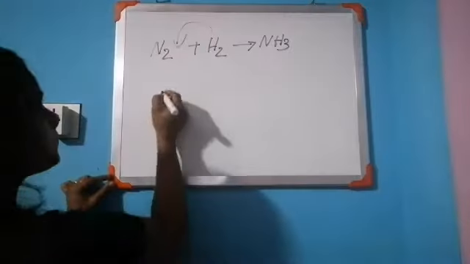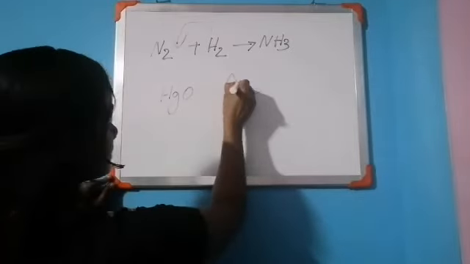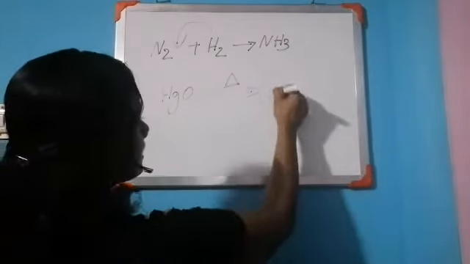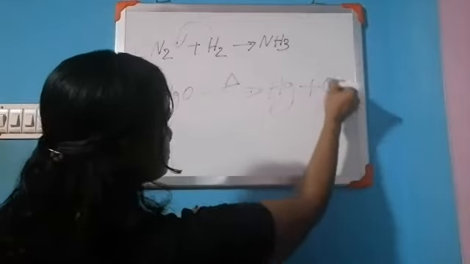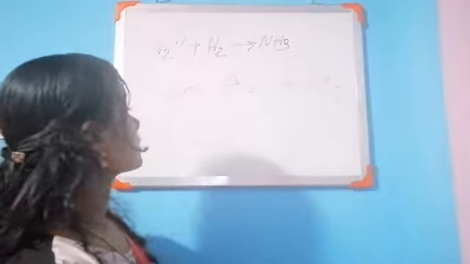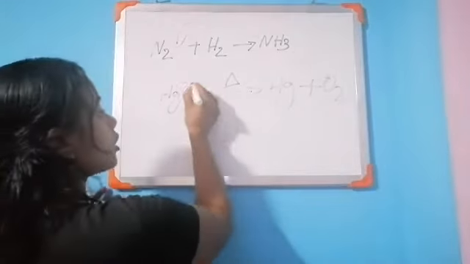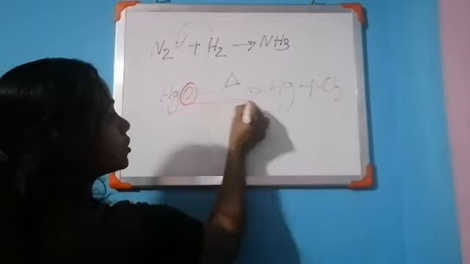Another example: HgO, mercuric oxide, is heated to produce mercury and oxygen. From that compound, oxygen is removed.